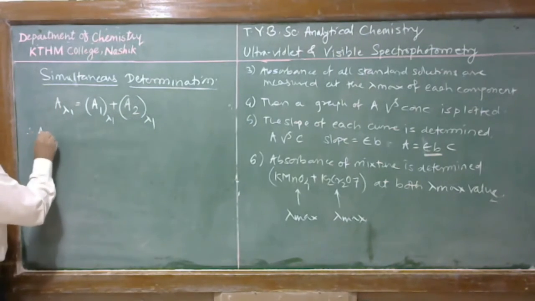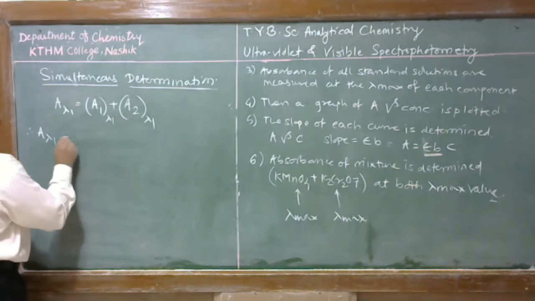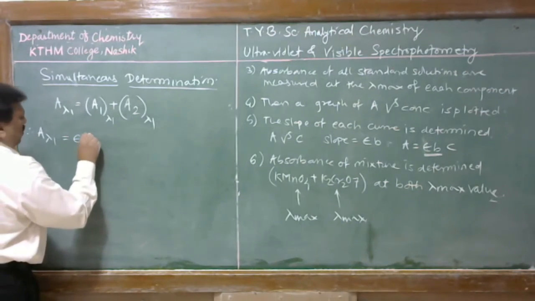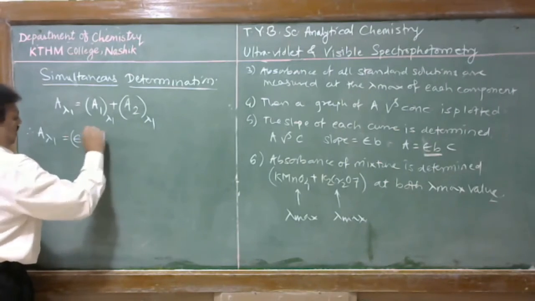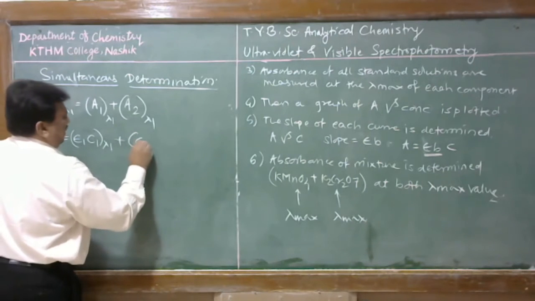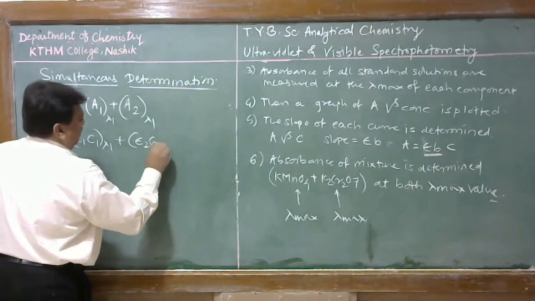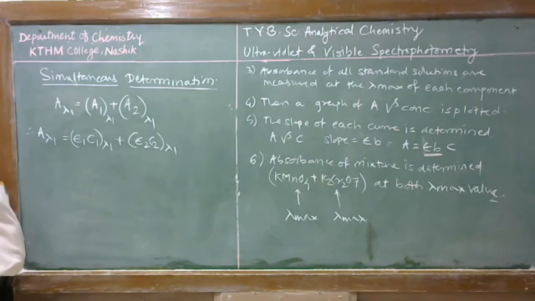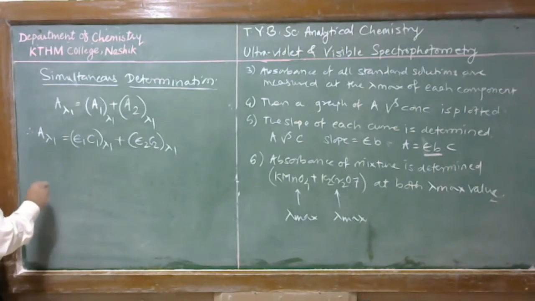Therefore, total absorbance at lambda 1 is equal to epsilon of first component into concentration of first component at lambda 1 plus epsilon of second component into its concentration, measured at the first wavelength, that is lambda max 1.